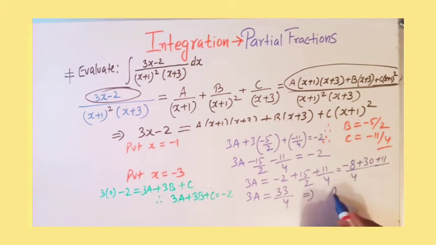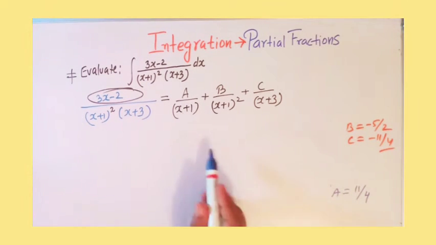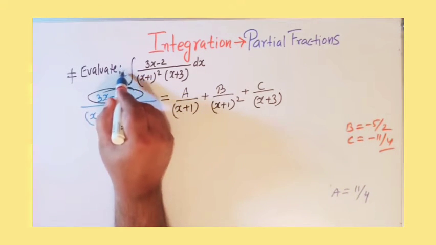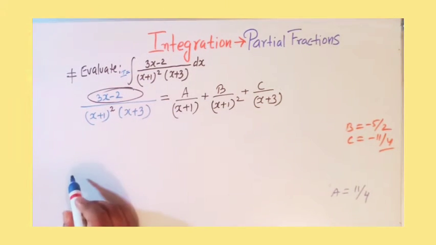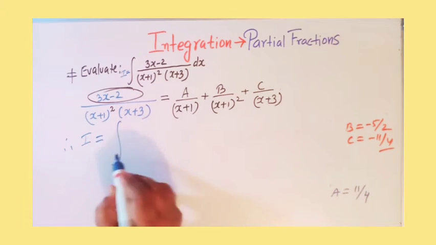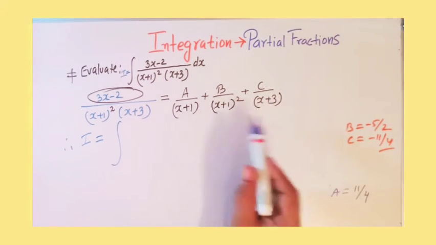So this gives a is equal to 11 by 4, right? Now viewers, once we have obtained the values of a, b and c, we can easily calculate this indefinite integral. So therefore I becomes the integral of this expression.